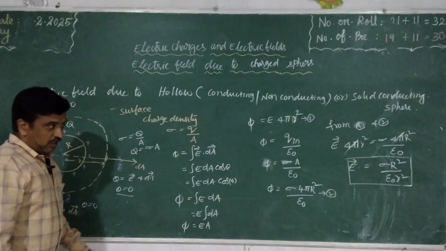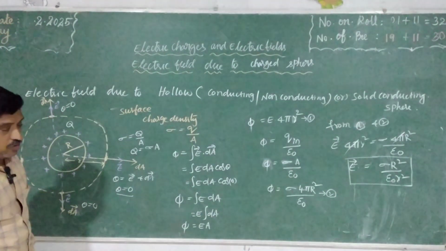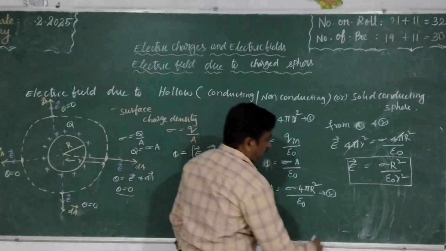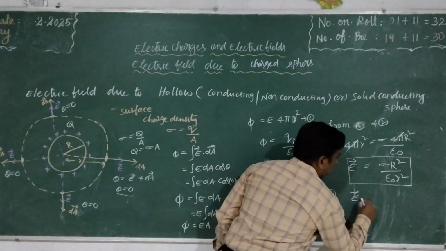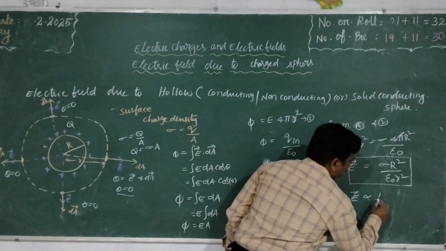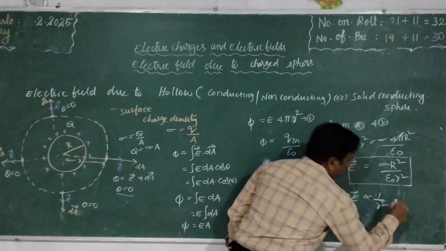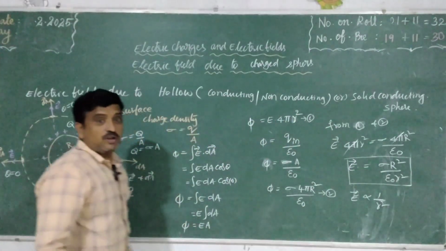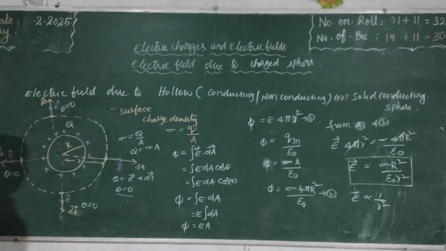So E equal to sigma R square by epsilon naught r square. From this we can write that electric field is proportional to 1 by r square, meaning inversely proportional to the square of the radius.